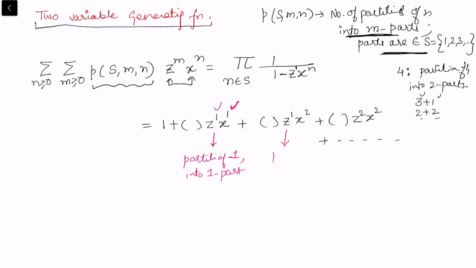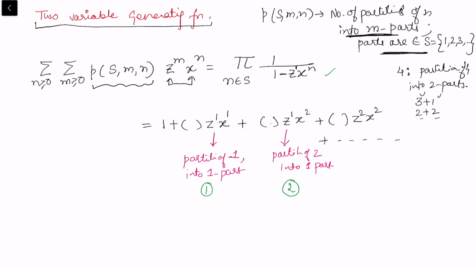This will be telling me the partition of 2 into one part. And in this case, when I say partition of 2 into one part, which will be relevant? Only 2. Partition of 2 into one part is 1. Here, this will be only 1. So the coefficient for this, when we expand the previous expansion, will be only 1. And that one relevant case is 2.